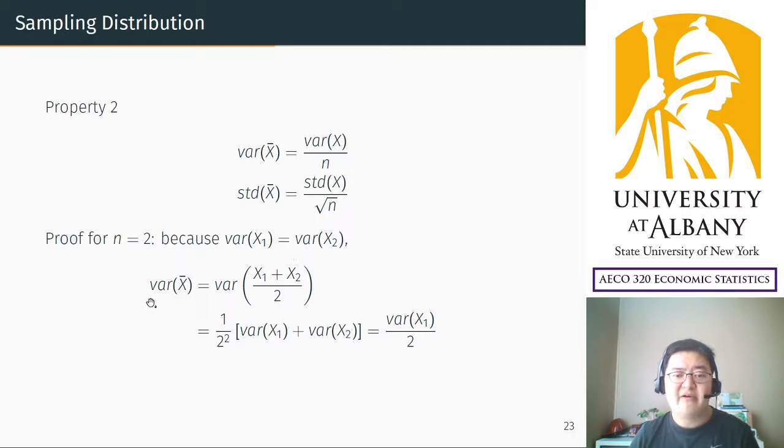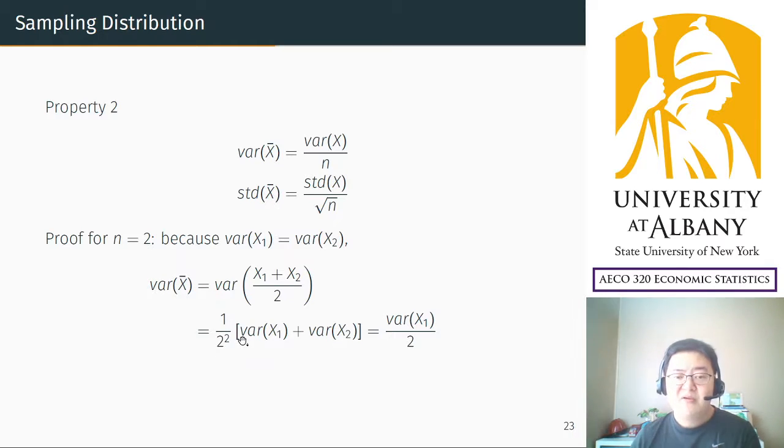Same as before, the variance of the average can be written in this way. This is the average, and the major difference from the earlier proof is that when you divide by 2, to get this out of the variance formula, you have to square that.